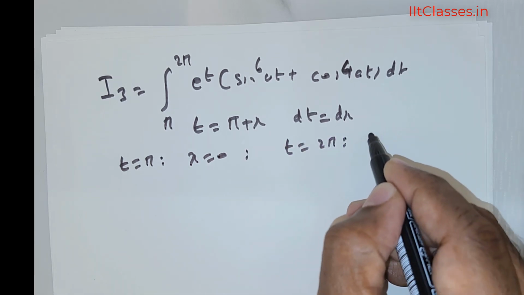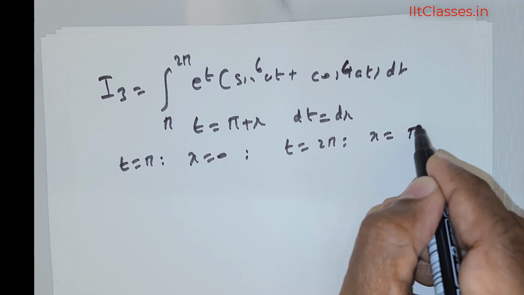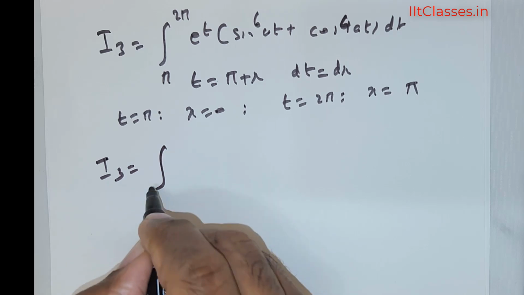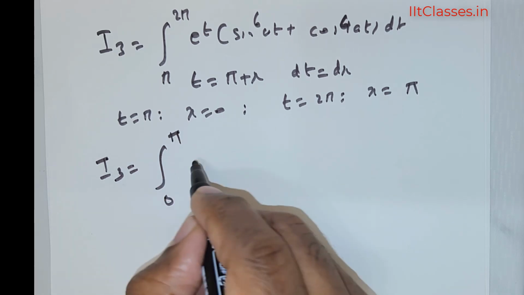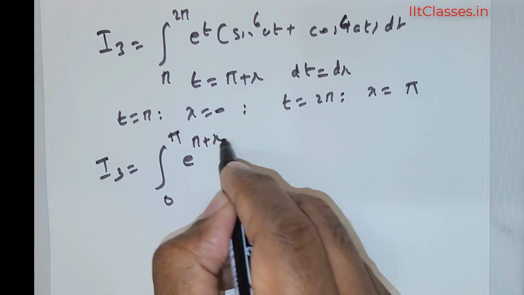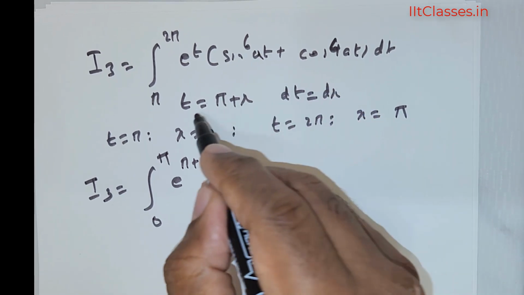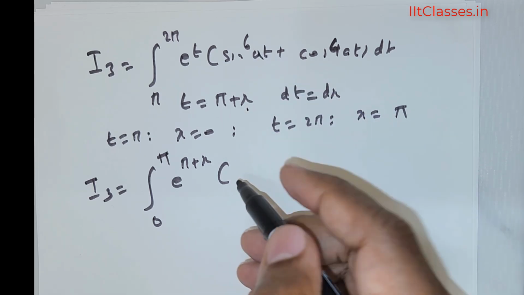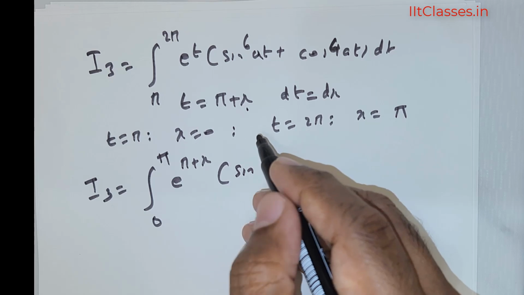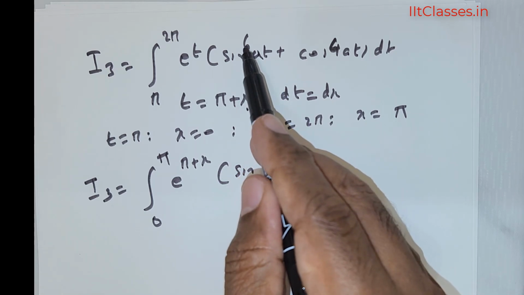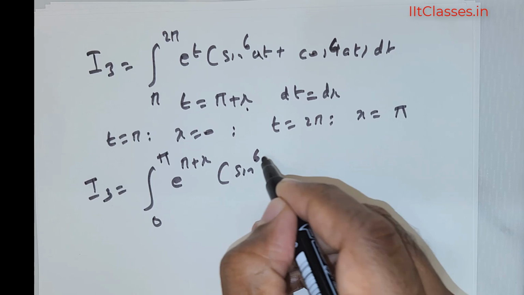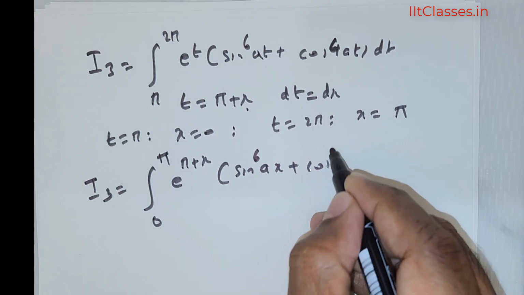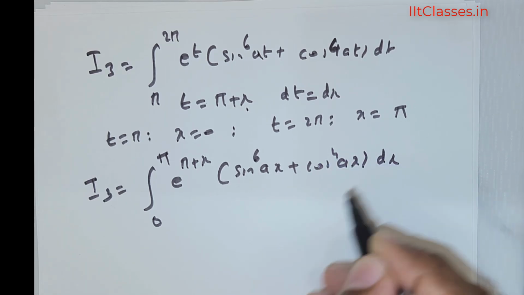When t is equal to 2π, my x will be equal to π. So I3 is going to be the integral 0 to π of e^t where t is π + x. Now if I were to substitute t as π + x, it will revert back to us the same component, because of the power being even here. So this is going to give me sin^6(ax) + cos^4(ax) dx.